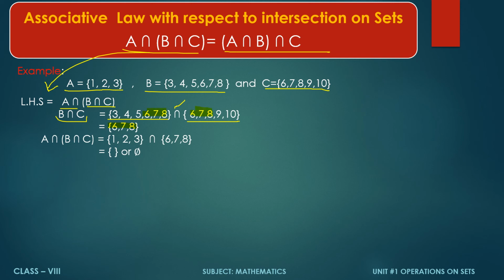As a whole, A intersection (B intersection C) is equal to the set A, 1, 2, 3, intersection set B intersection C. Now we can see very easily that both sets have no element as common. So this is empty.